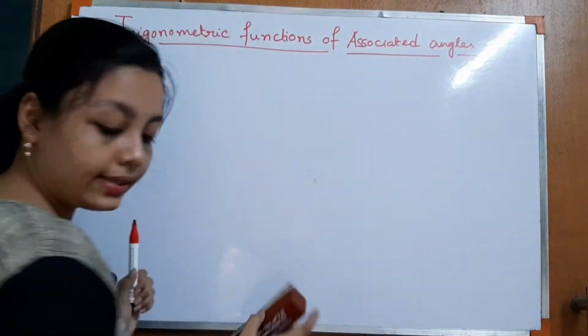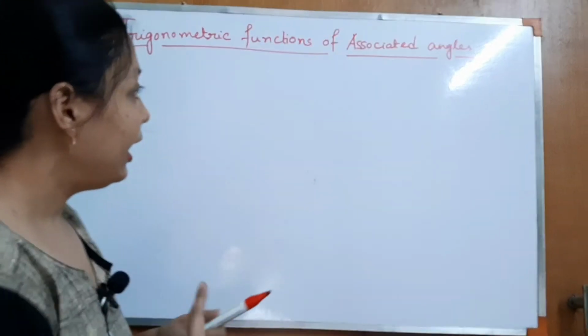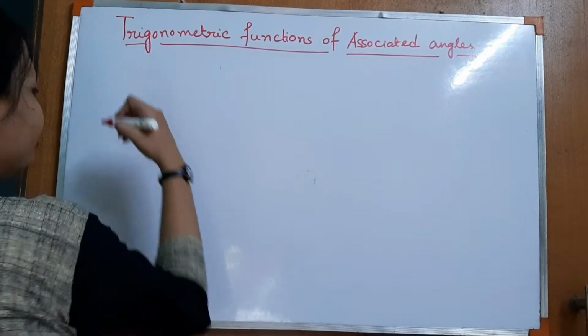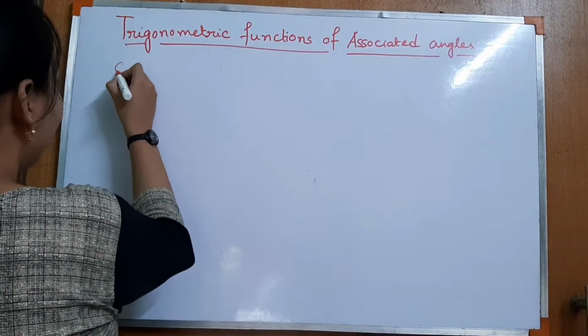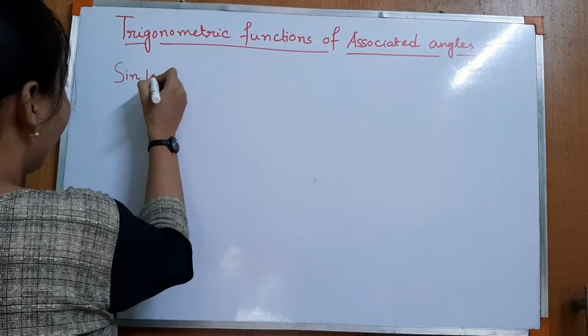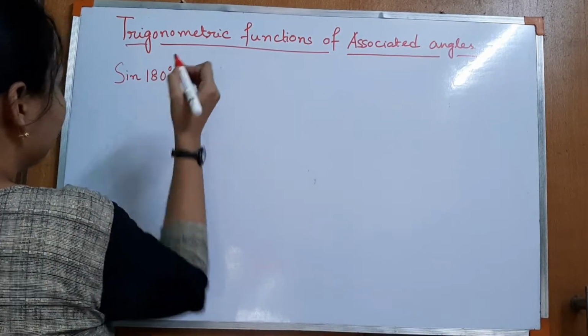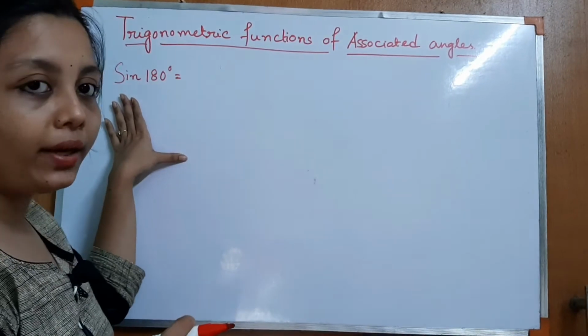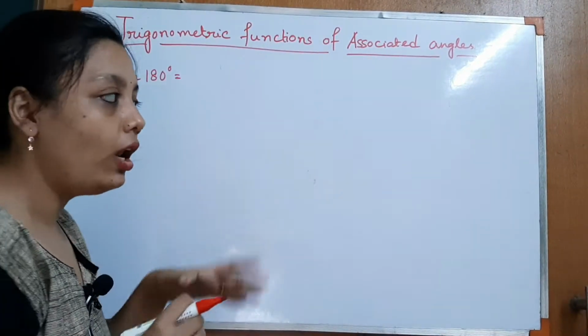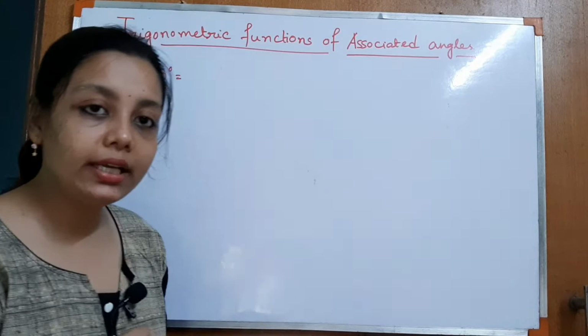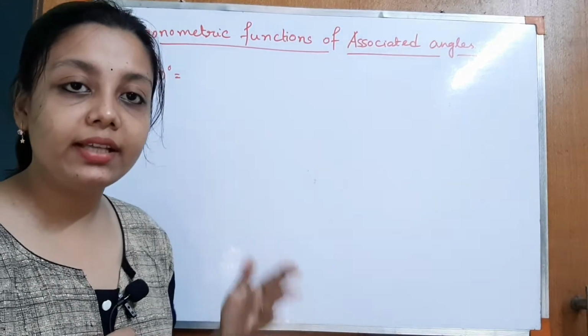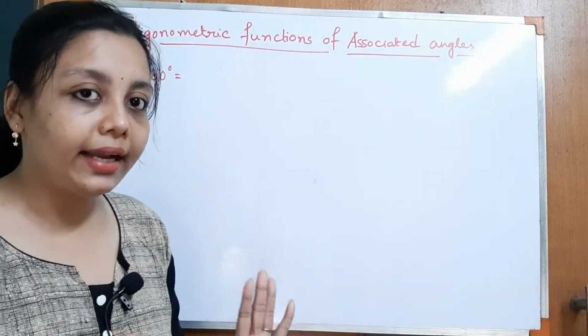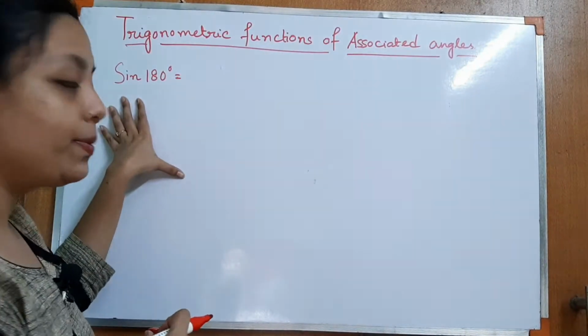Now we will discuss how to find the value of any trigonometric function. That is, if we take sine 180 degree, then how can we find the value of sine 180 degree? We all know the values of sine 0 degree, sine 30 degree, sine 45 degree, sine 60 degree and sine 90 degree, but we do not have any idea about the value of sine 180 degree.